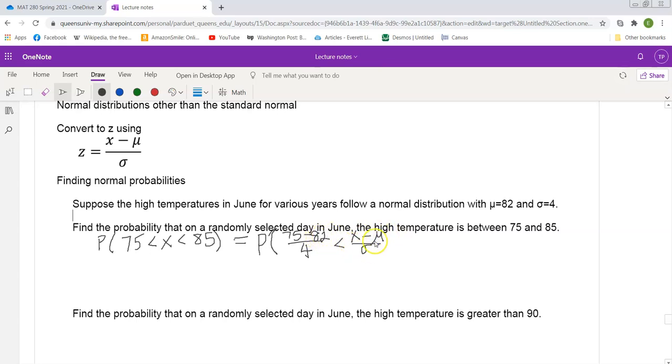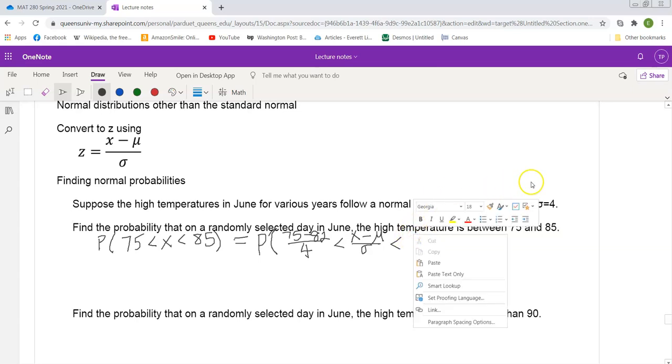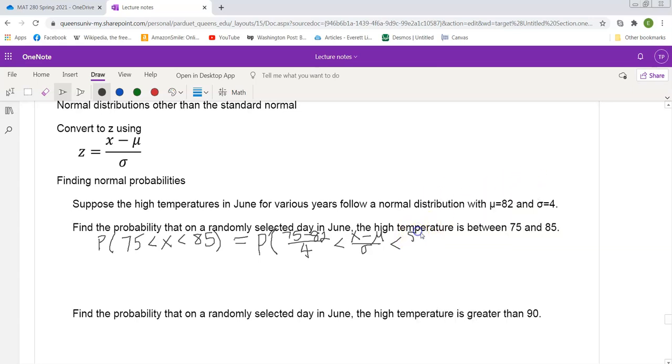We're just subtracting the mean and dividing by the standard deviation everywhere. And sigma has to be positive, so we don't have to worry about changing the direction of the inequality. If you're algebra savvy, you may have wondered about that. So 85 minus the mean over the standard deviation.